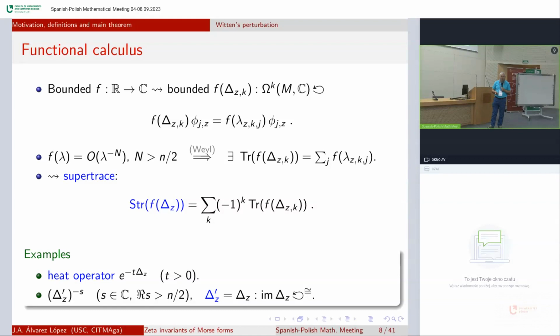We take the Laplacian, but only on its image, which is mapped to itself. On the orthogonal complement, it is 0. I denote it with delta prime c. And then we can take its power to minus a complex number with real part greater than half of the dimension, and then this is also traceable.